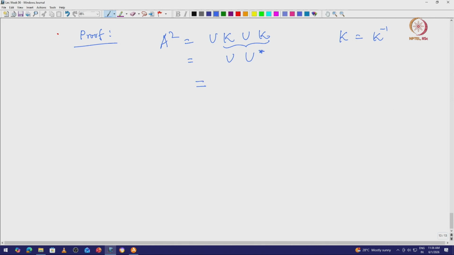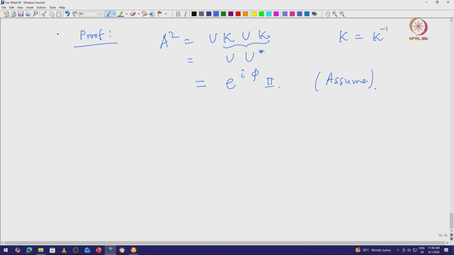Because it does not change the length, let us assume that this is some phase phi times identity, and we want to figure out what phi is.